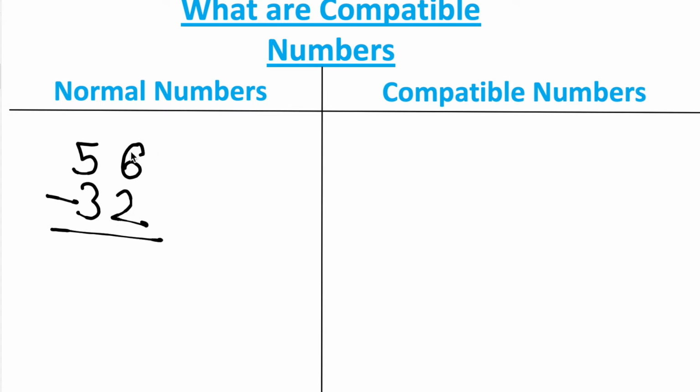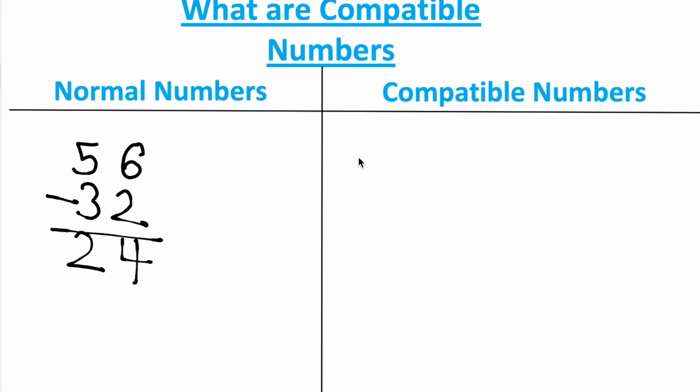So 6 minus 2 is 4. So we put 4 right here. And 5 minus 3 is 2. So we put 2 right here, and the answer is 24.